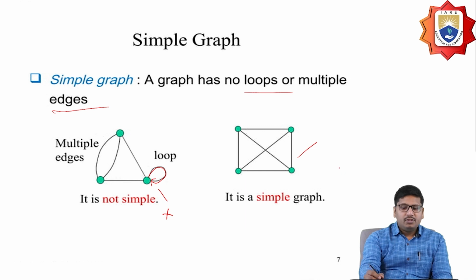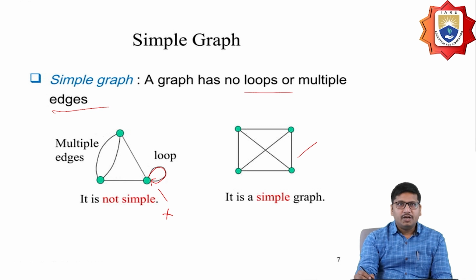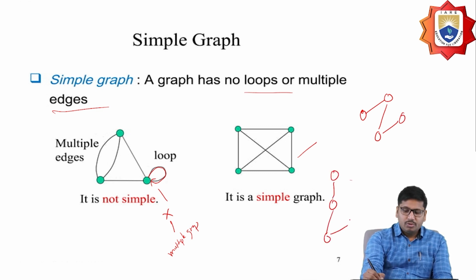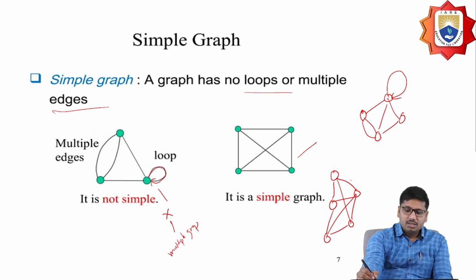Here is a simple graph example. In this other graph, there are loops and parallel edges, so it is not a simple graph. A graph which has multiple edges and loops is called a multigraph. Here is another example of a simple graph, and this is also a simple graph. Whenever a graph has self loops and parallel edges like this, it is not treated as a simple graph.